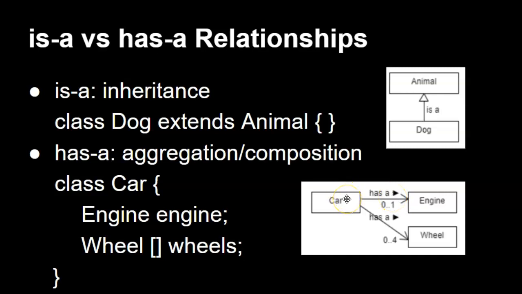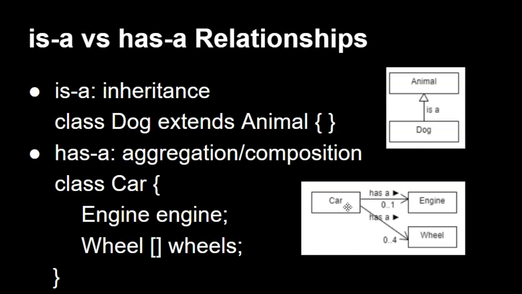And so a different kind of relationship is has-a, kind of an aggregation or composition. And so how this would be implemented would be like car has a variable within it that holds an instance of an engine, or a car has an array of four wheels, something like that.